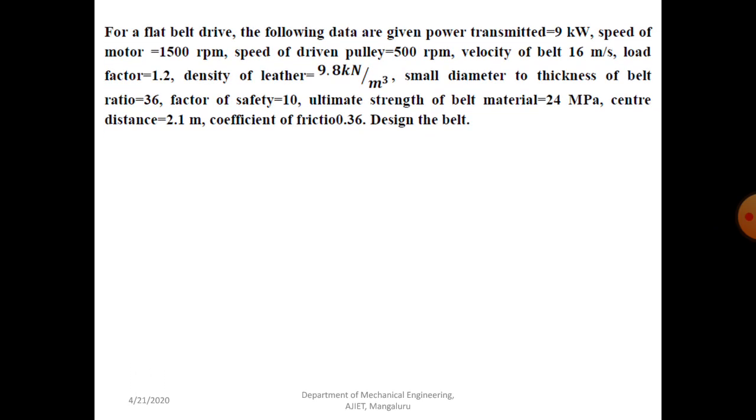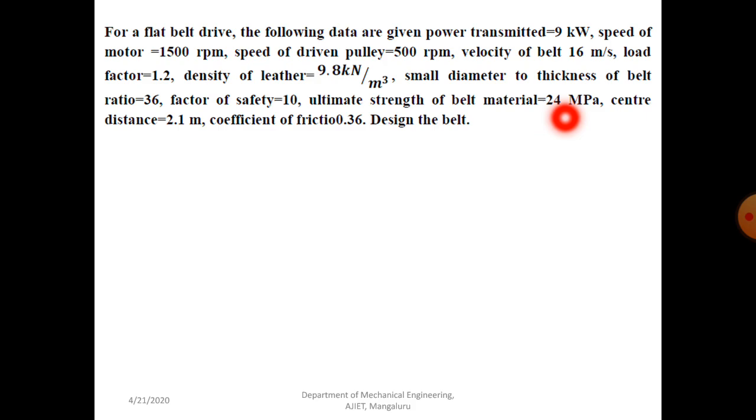For a flat belt drive, the following data are given. Power transmitted is equal to 9 kilowatt. Speed of motor is 1500 rpm. Speed of driven pulley is 500 rpm. Velocity of belt is 16 meter per second. Load factor is 1.2. Density of leather is 9.8 kilo Newton per meter cube.